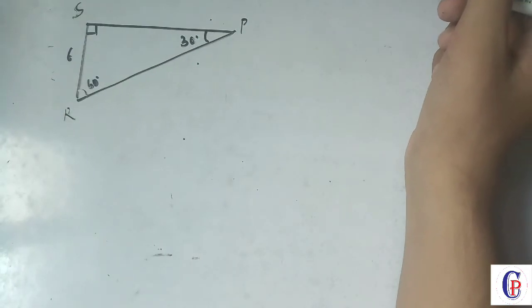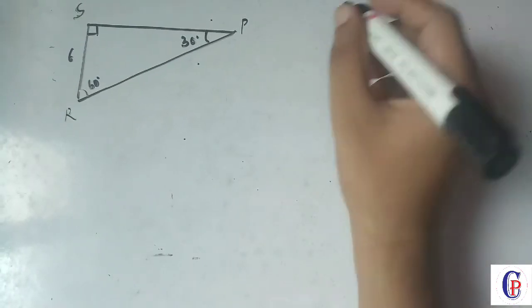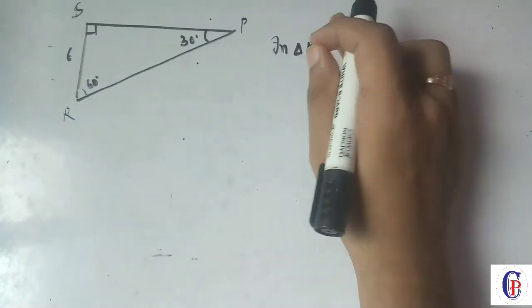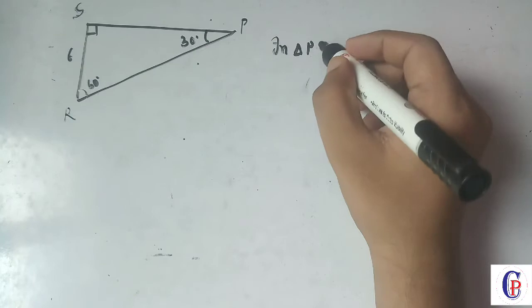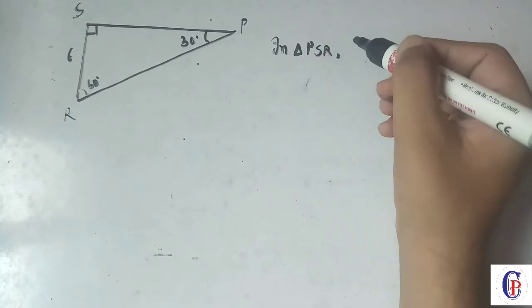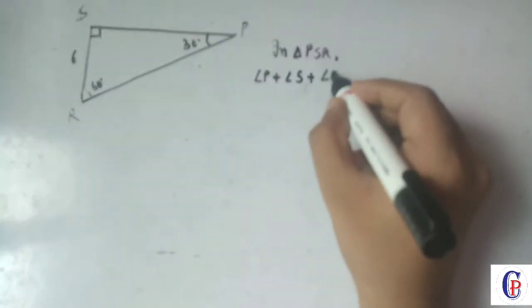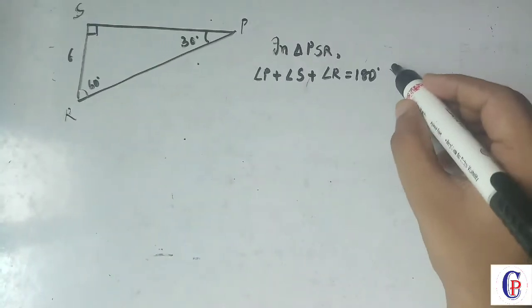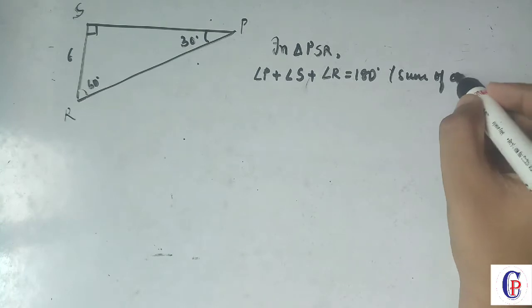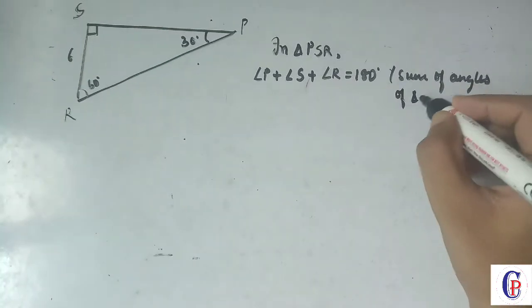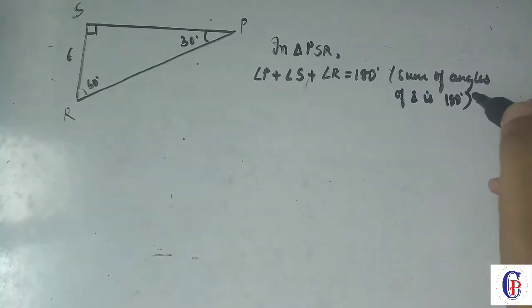Now how will you write that this angle is 60? Let us write here that in triangle PSR, angle P plus angle S plus angle R is 180, sum of angles of a triangle is 180 degree.